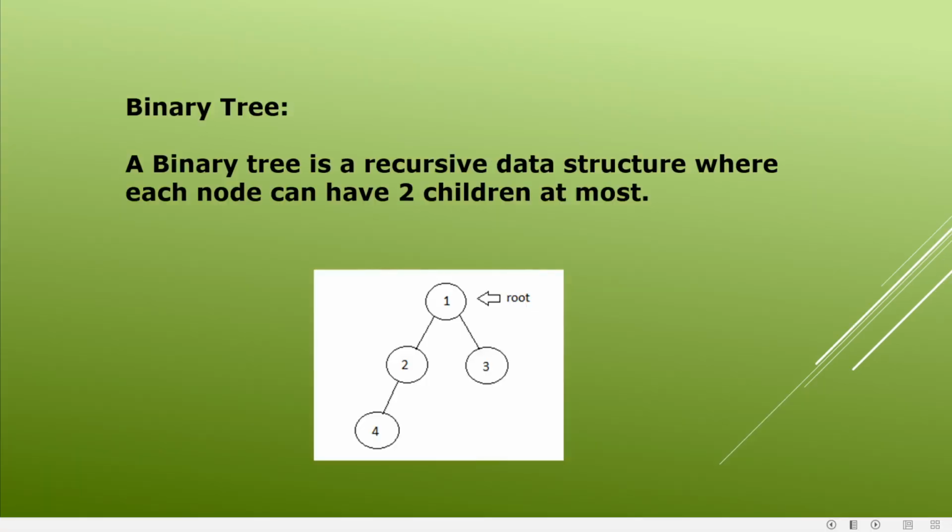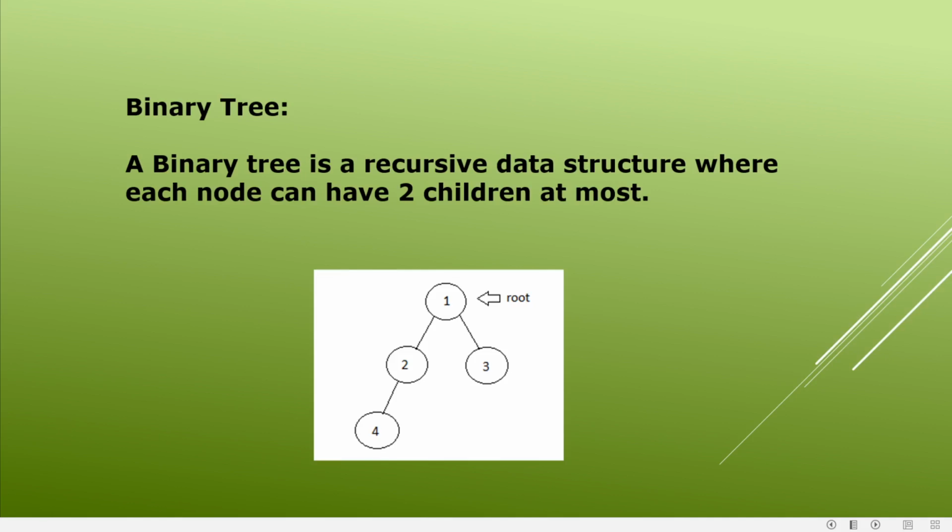Binary tree. A binary tree is a recursive data structure where each node can have two children at most. It means it has a maximum of two children. It should not exceed more than two children. Just recollect the previous definition.